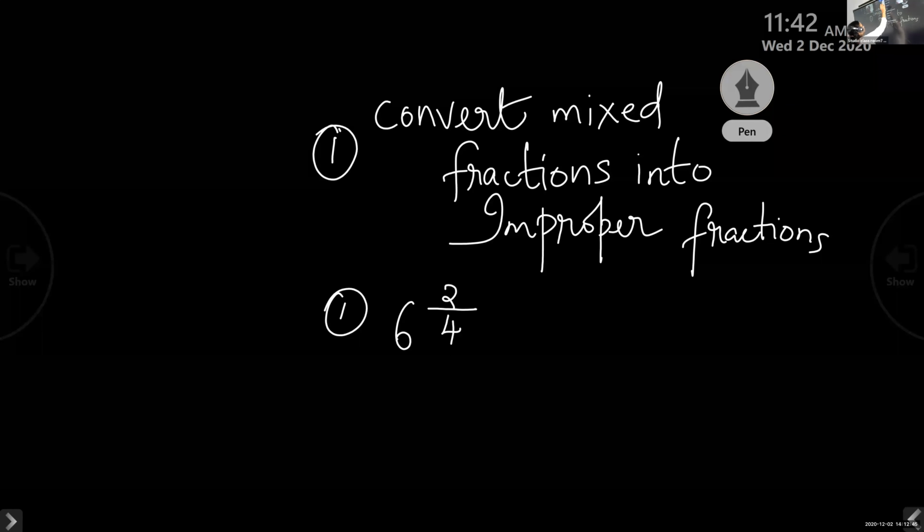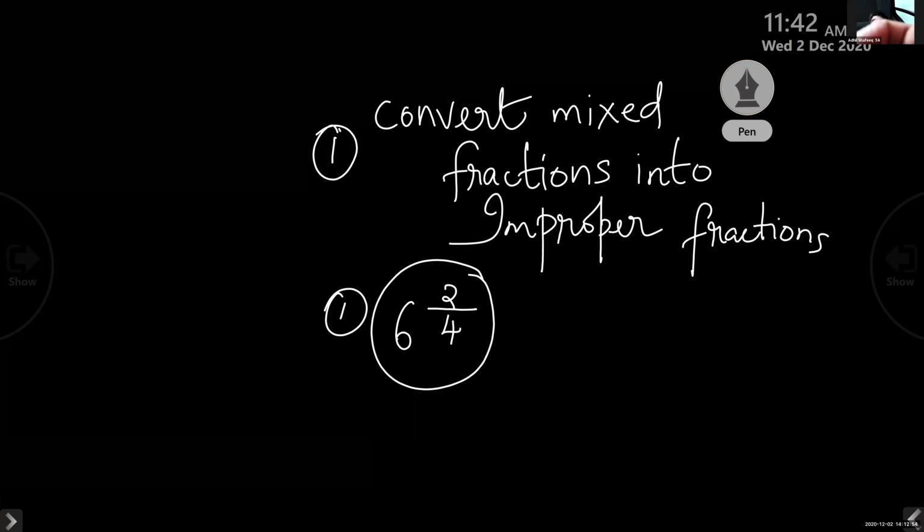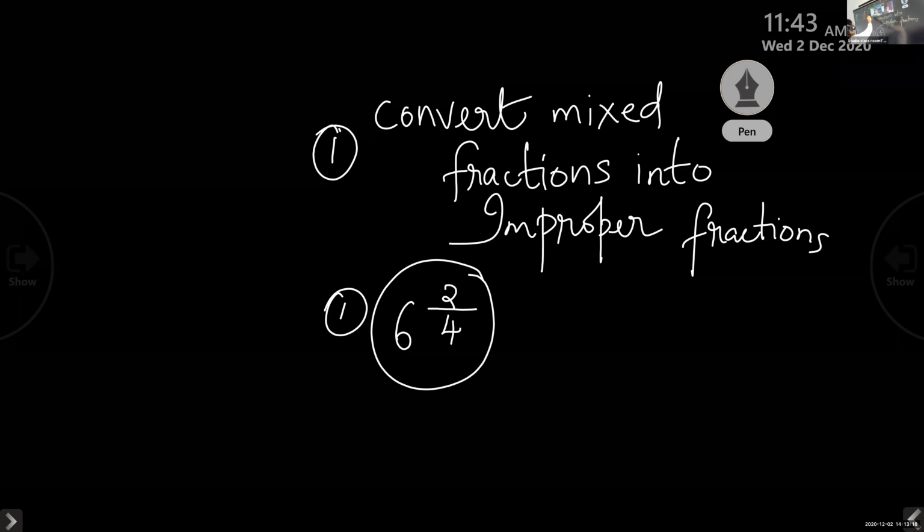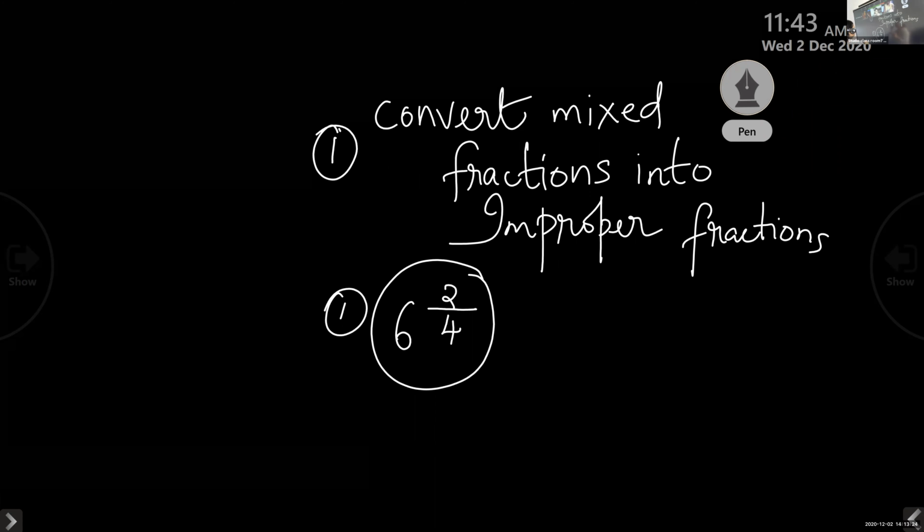Yes, Adil, unmute and speak. How can we make this mixed fraction 6 and 2/4 into improper? Ayman, how can you make this into improper?